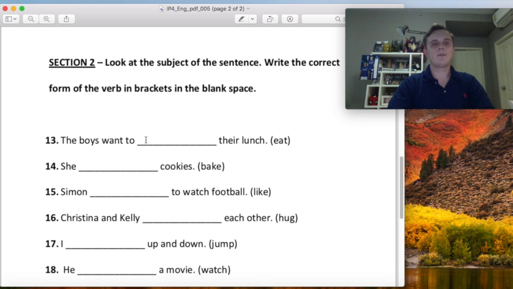So, if we need eat, write eat. If we need eats, write eats. You need to look at the noun or the pronoun in the subject. So be careful with this work. Sometimes you'll just copy the word as it is. Sometimes you'll need to add s or es or change a y to an i and then add es. So you need to pay attention to the whole sentence.